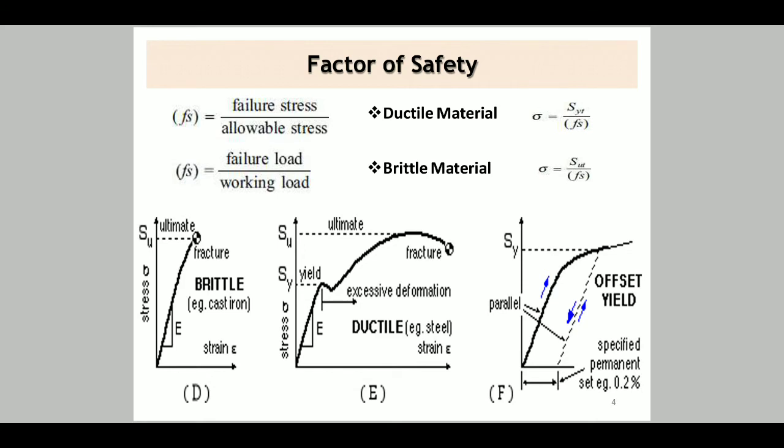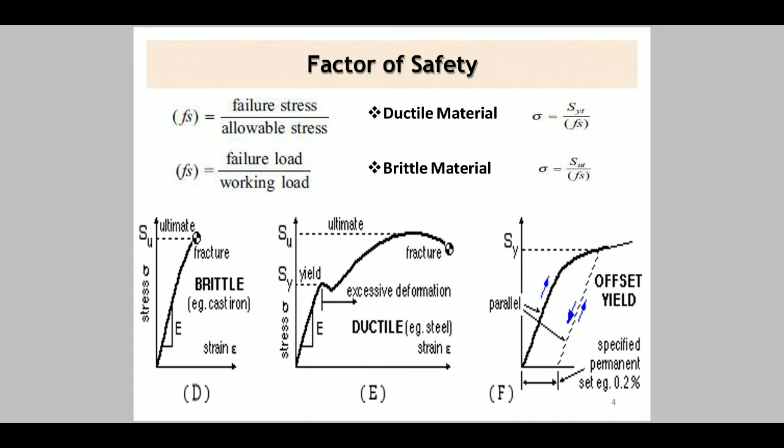For different types of materials, the factor of safety equation will be different. For the ductile material, the stress will be yield stress upon factor of safety, while for the brittle material the stress will be ultimate stress upon factor of safety.